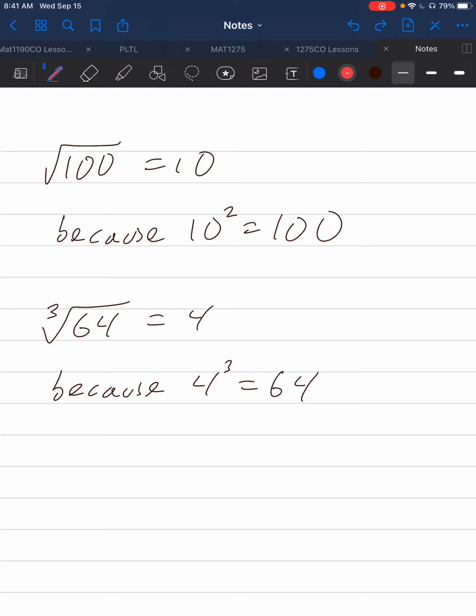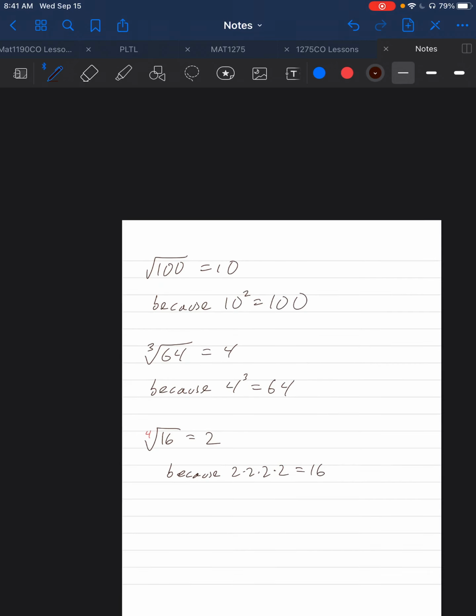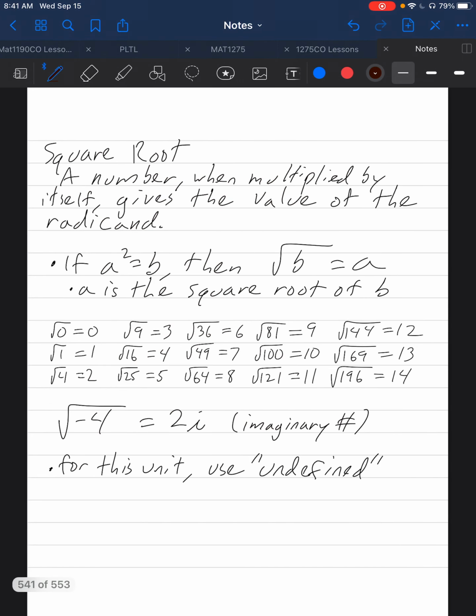Once you get to the higher numbers, such as the fourth root, let's say the fourth root of 16, that's equal to 2, because 2 times 2 times 2 times 2, multiplied by itself 4 times, is going to equal 16. All right, so 2 is called the fourth root of 16. We're going to be working mostly with square roots in this class.